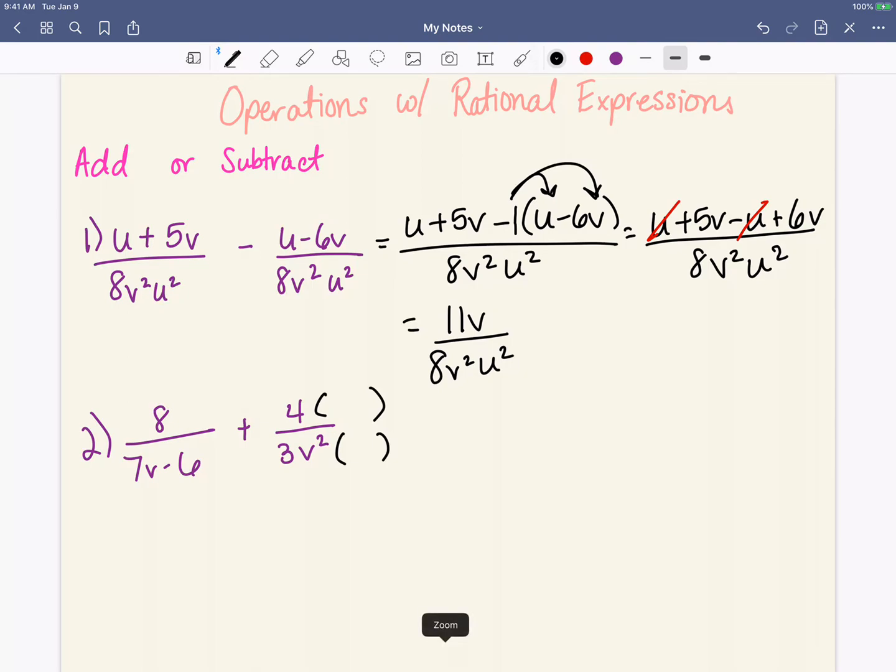We need to multiply that 7v minus 6 and 3v squared so that they have the same thing. So if I'm looking at 7v minus 6, the one I'm missing is 3v squared. If I'm looking at 3v squared, the part I'm missing is 7v minus 6.